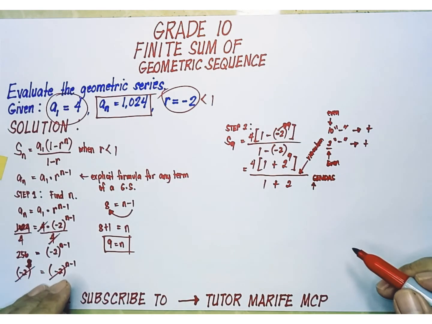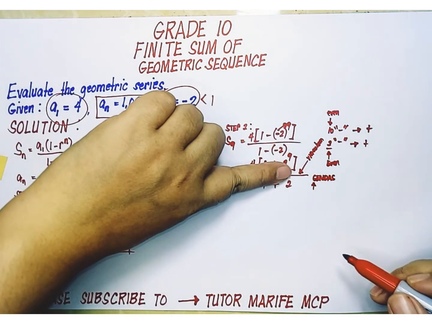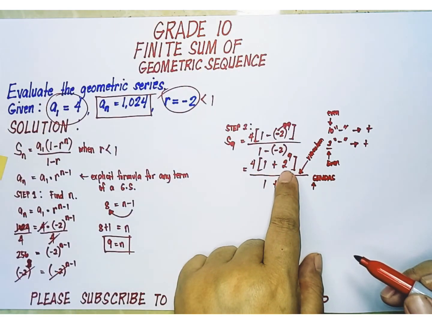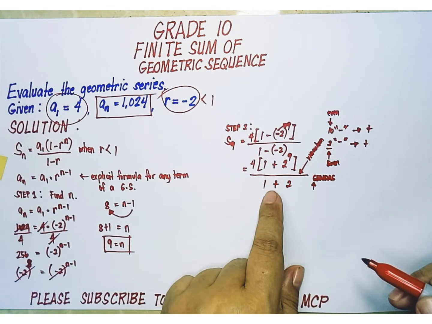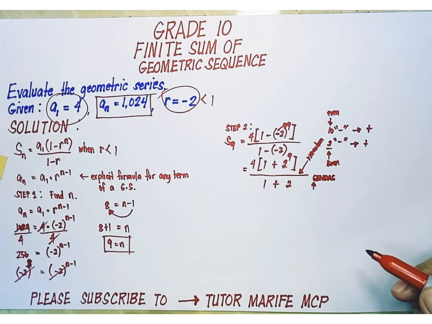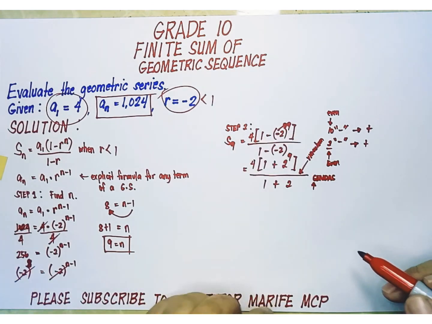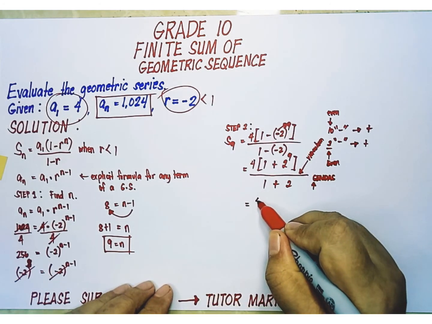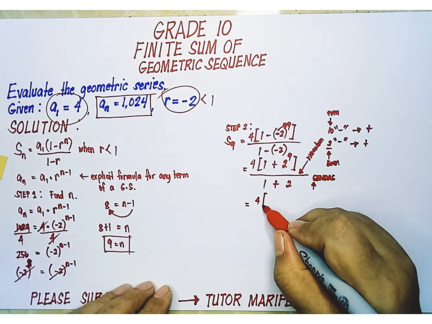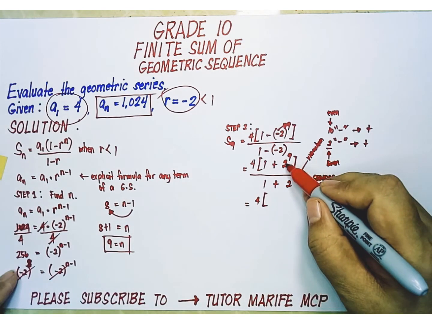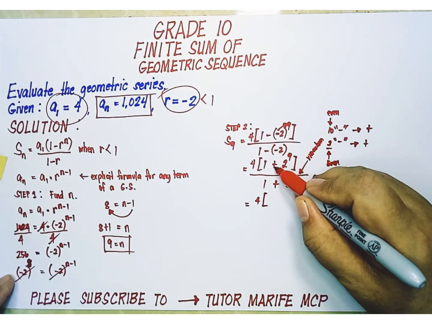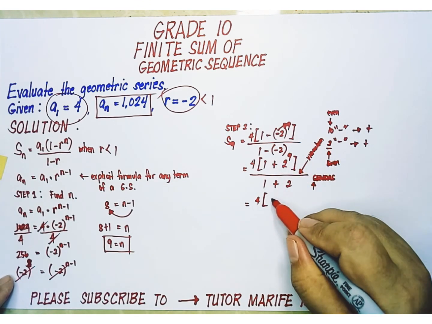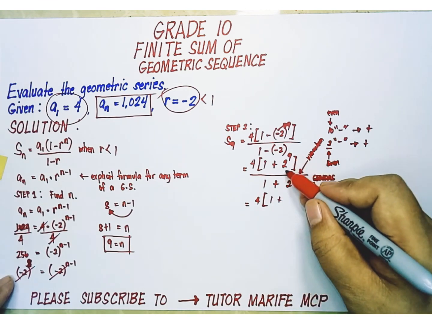G first. So there is an addition and exponentiation on the top of the vinculum, and there is addition at the bottom of the vinculum. I-perform muna natin ang mga yon. So, 4 times. What is 2 raised to 9? Exponential before addition. So, it's 1 plus, what's 2 raised to 9?